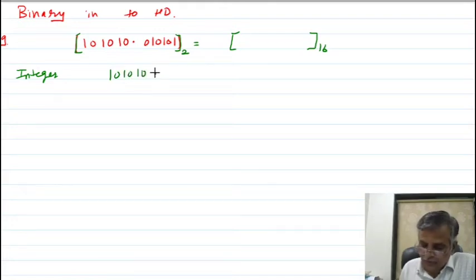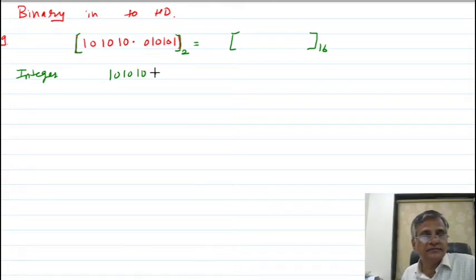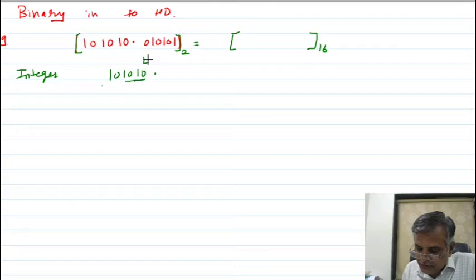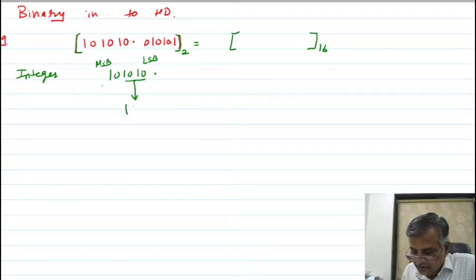This is a point. Prepare a group of 4-bit from LSB toward the MSB. So I am preparing a group of 4-bit from LSB. This is your LSB, you know that, and this is your MSB. While you are going from LSB to MSB, prepare a group of 4-bit.